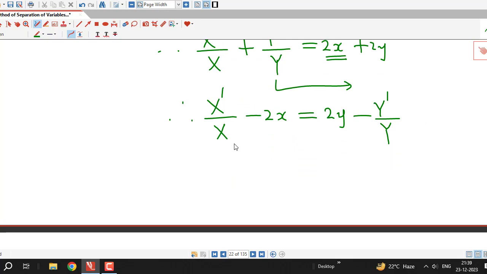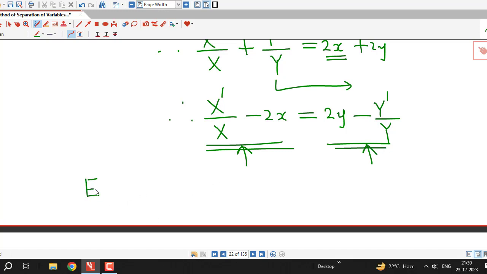And now we can see that on this side we have a function of small x only, on this side we have a function of small y only, and this is possible only if both the functions are equal to the same constant.